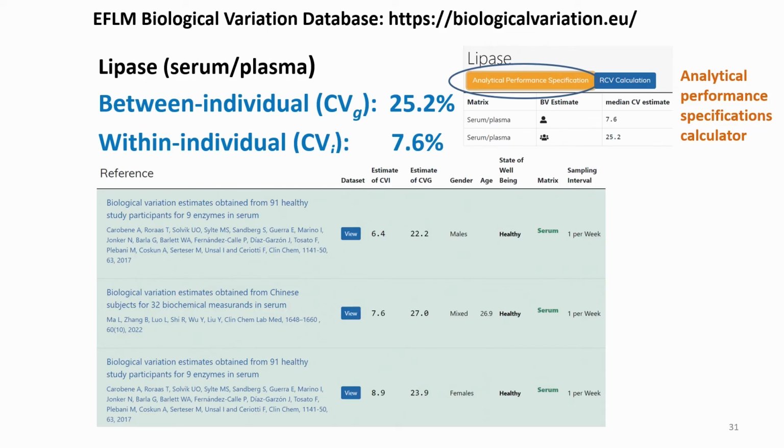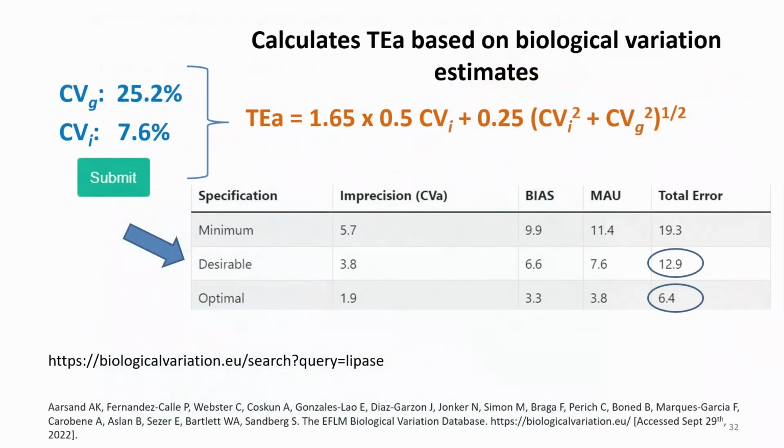This database is nice because it has a little button at the top, analytical performance specifications. You can click that button and get the allowable error limits. It's using the equation shown. You can see that the intra-individual variation and the combined intra and between individual variation estimates are there. And there's a few factors, 0.5 and 0.25, between those estimates. That tells you the specification level that you want your allowable error to represent.